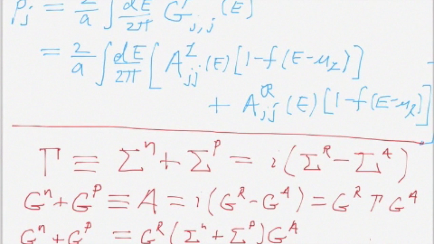Because Gn is just Gr sigma n Ga, Gp is Gr sigma p Ga, and by the way we defined it, the sum of those two has got to be gamma, which is just Gr gamma Ga.